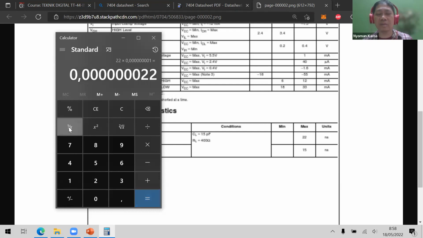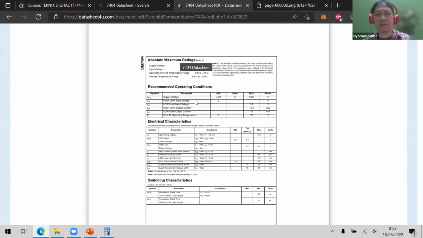And then the maximum frequency is 45 megahertz for this logic gate, the inverter. You cannot accept a frequency beyond that value.